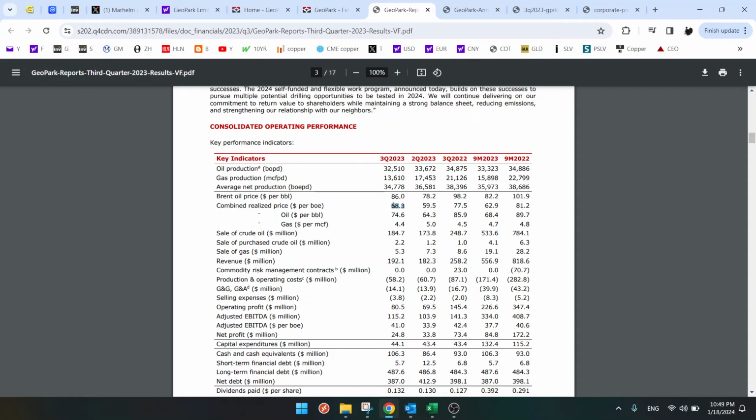And Brent oil was 86. So that's about 10, about $10 lower than Brent. $8 lower. Okay, I will take $8 lower than Brent.